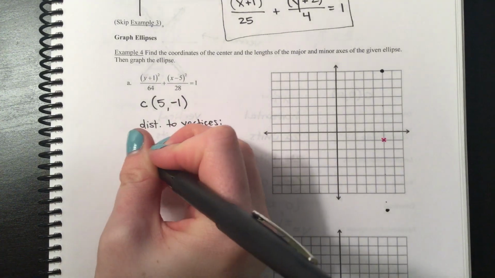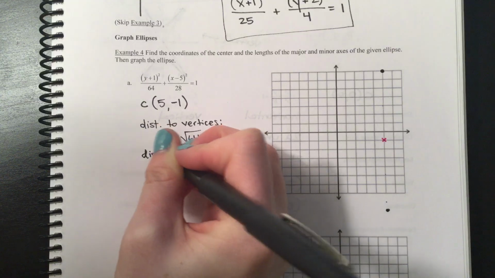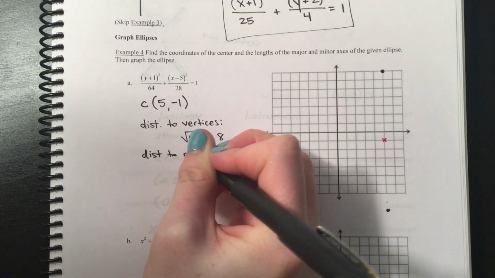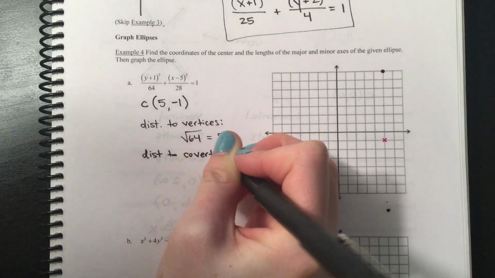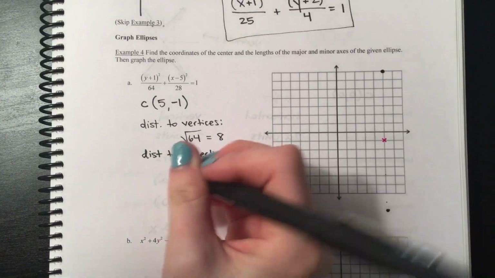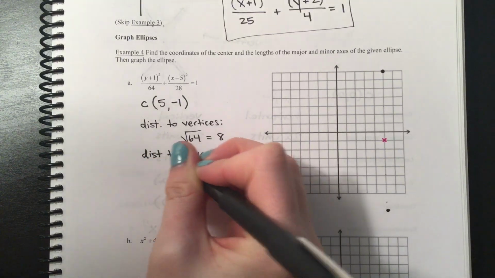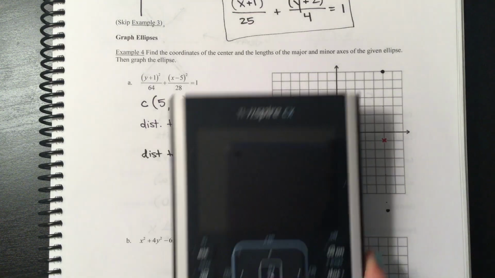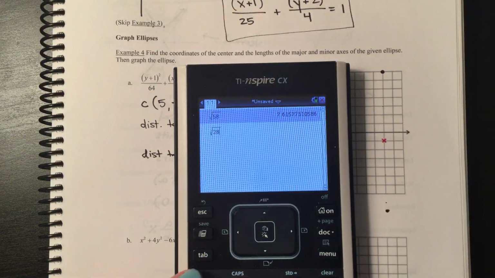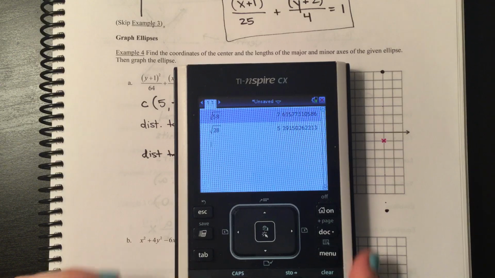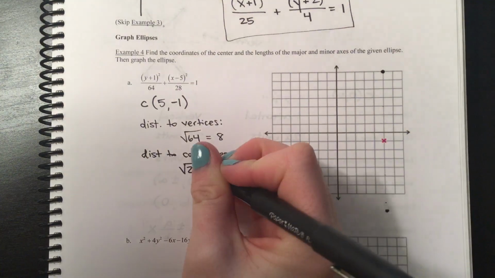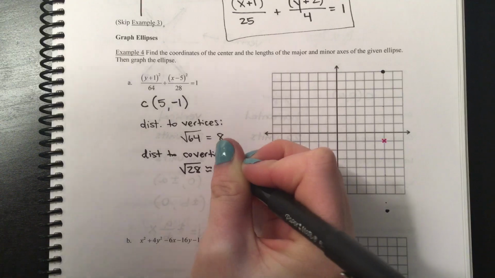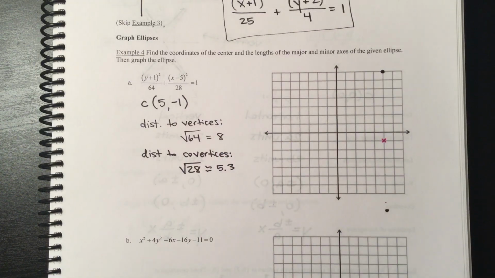And then the distance to the co-vertices is the square root of whatever this number is. So square root of 28, which doesn't come out evenly, but you can always just plug in and get a decimal approximation. So you'd plug in square root of 28, and it's about 5.3. So we're just approximating, it's not a big deal.